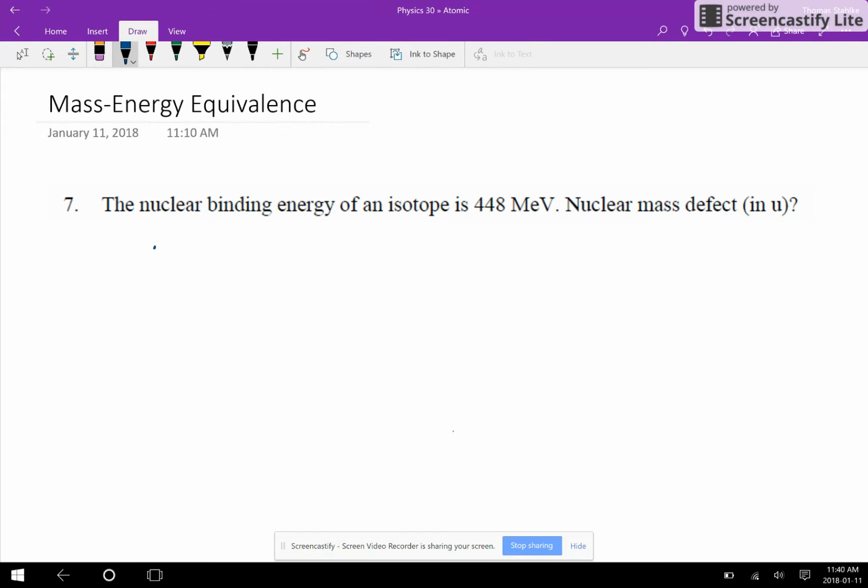So let's start with the 448 mega electron volts, and mega is 10 to the 6. So this would be 10 to the 6 electron volts. And we can convert this into joules by using our ratio, and the electron volts will cancel out.